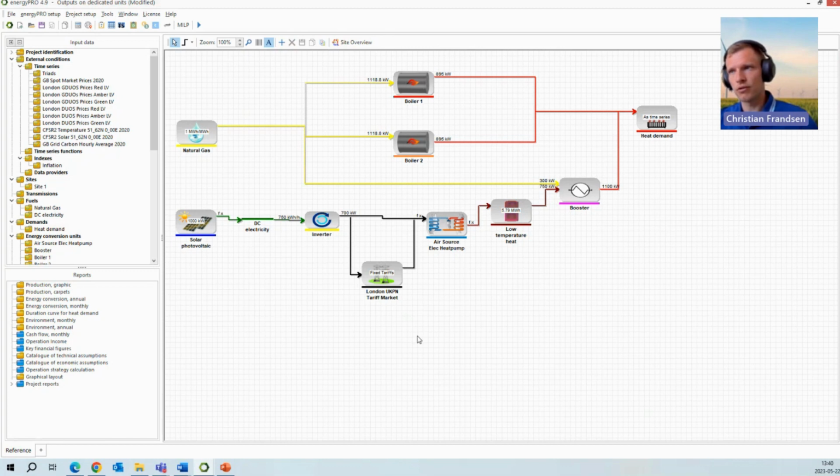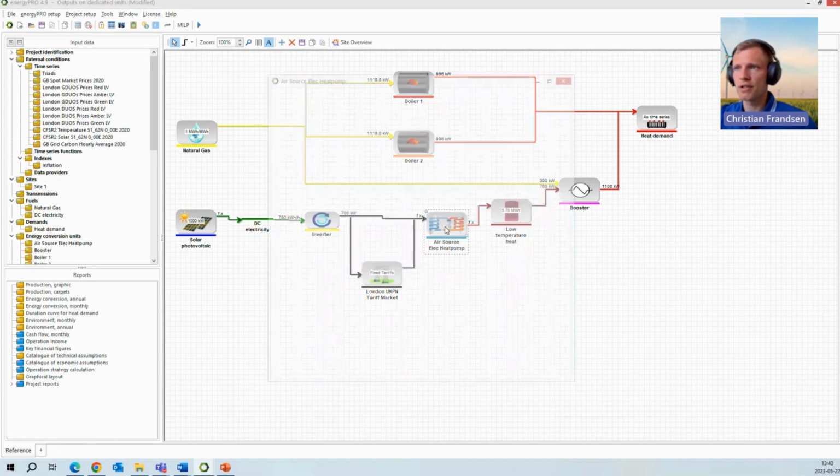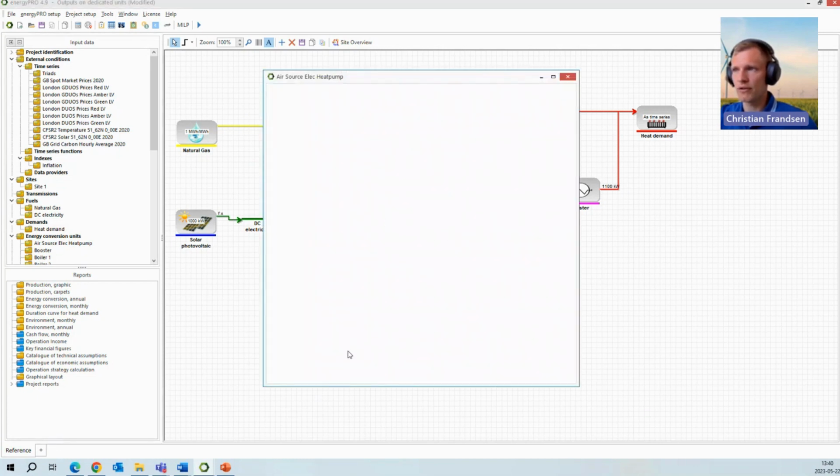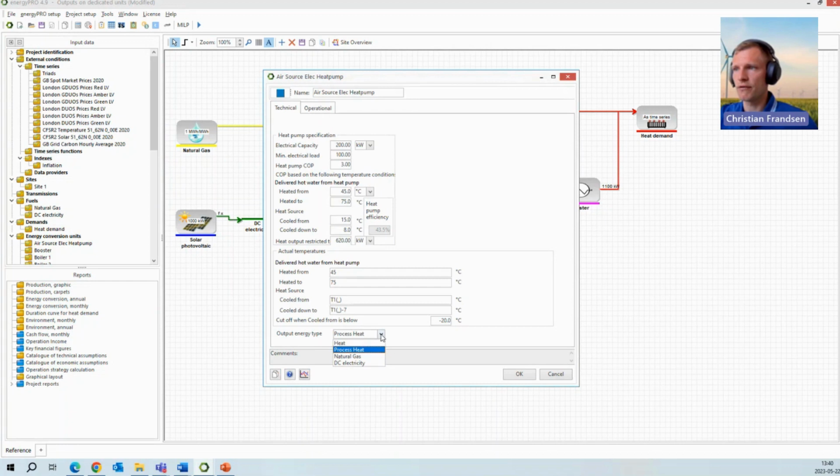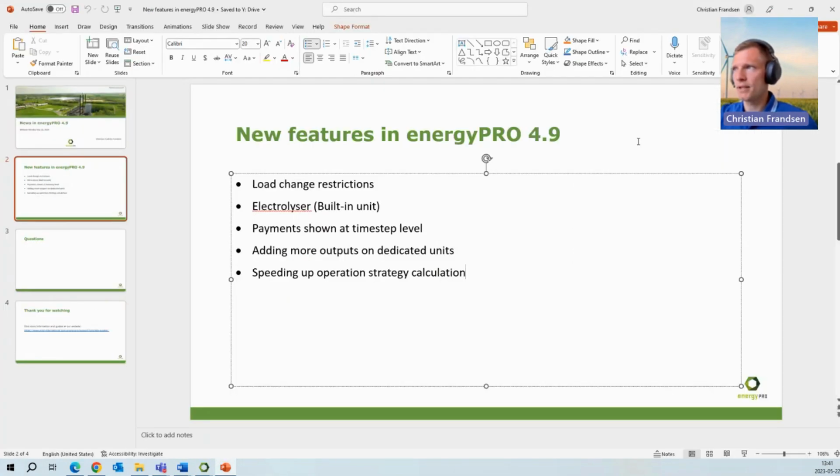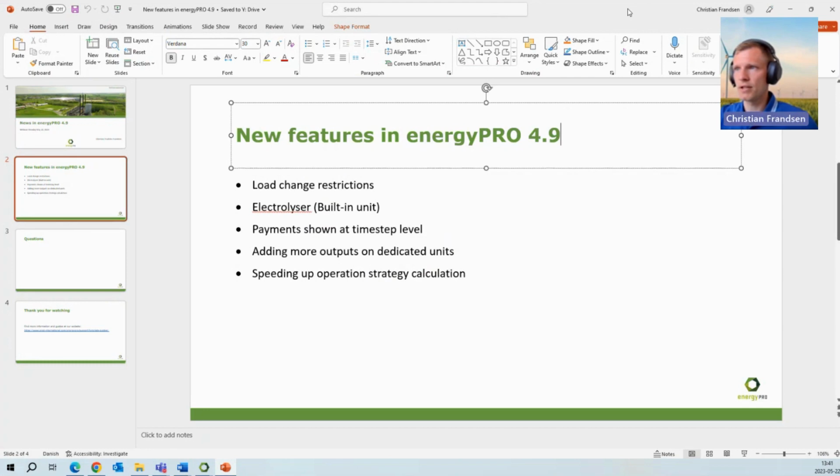This is an example of how to use this new functionality, but the functionality itself is simply that on these built-in units, we now have the option of selecting a different output type than the heat and electricity for the PVs that was there before.